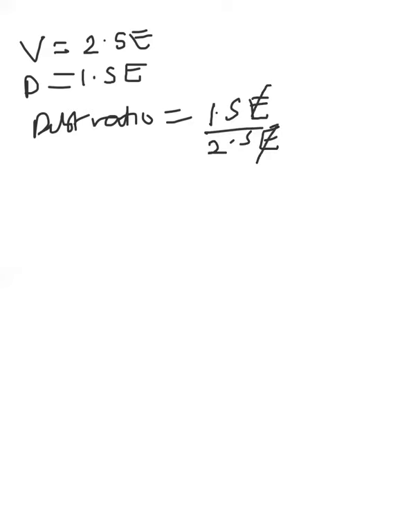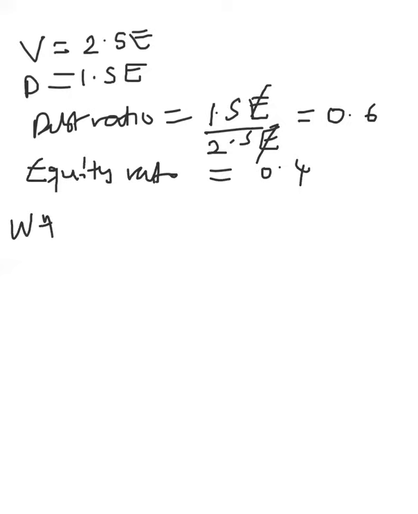So 1.5 divided by 2.5, which gives me 0.6. That means that the equity ratio is equals to 0.4.